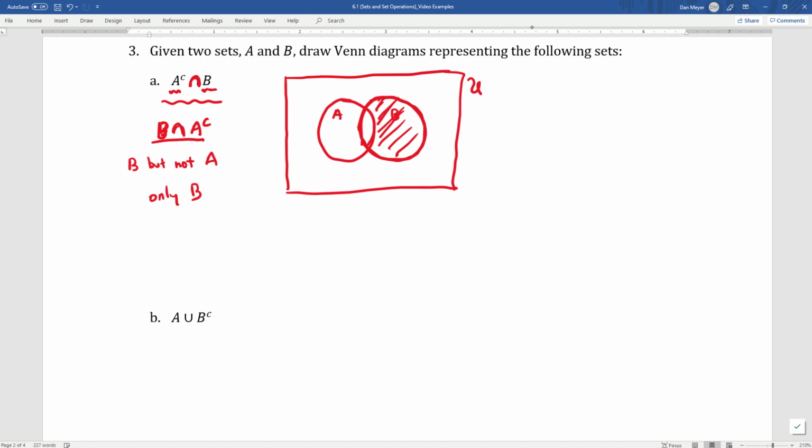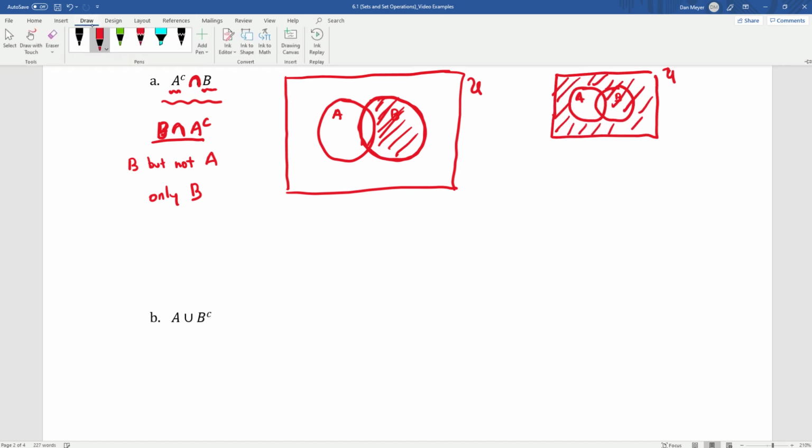Another way of approaching these Venn diagram problems is to shade the sets individually. So A complement would have been everything outside of A. And then if I use a different color, it's really helpful to have different colors.